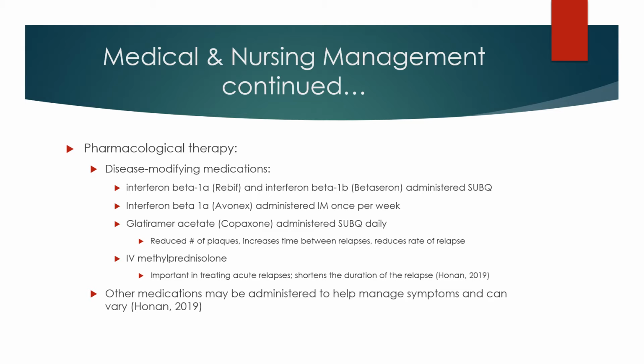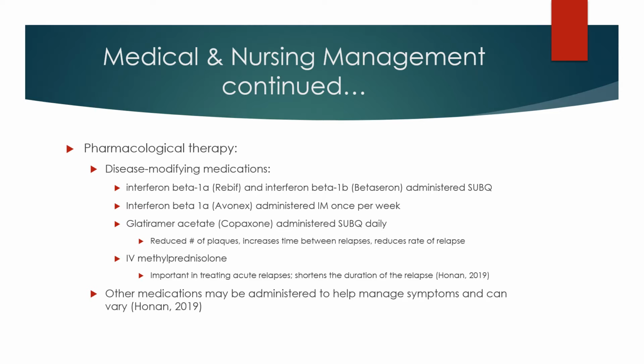Pharmacological therapy is very important in the management of MS. Disease-modifying therapies are those utilized to not only reduce the frequency of relapse, but also the duration of relapse, as well as the size and number of plaques observable by MRI. Medications included in this are interferon beta 1A and interferon beta 1B, which are administered sub-Q. Another preparation of interferon beta 1A, Avonex, is to be administered once a week intramuscularly.